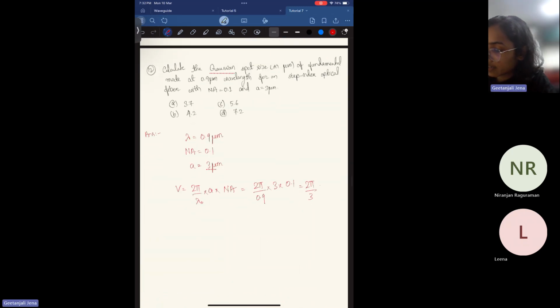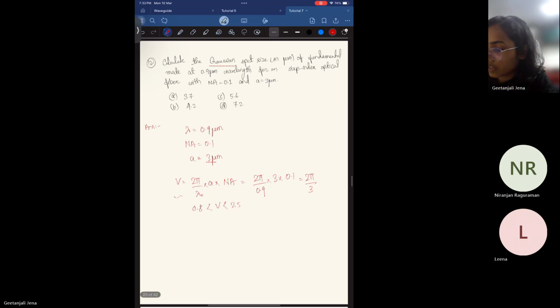Now V is falling between 0.8 to 2.5. This will come around 2 point something, which is below 2.5.